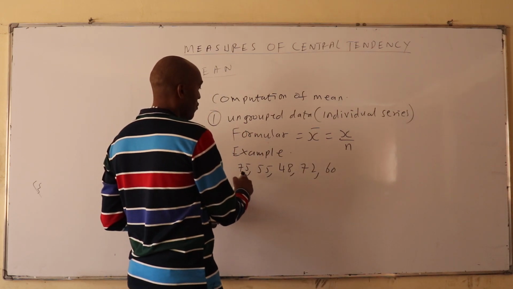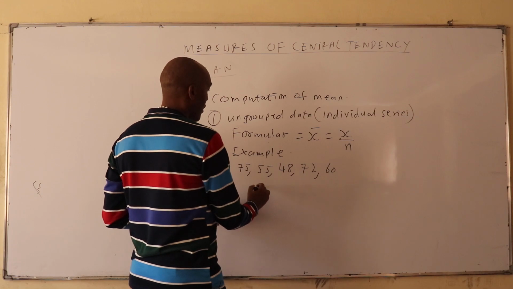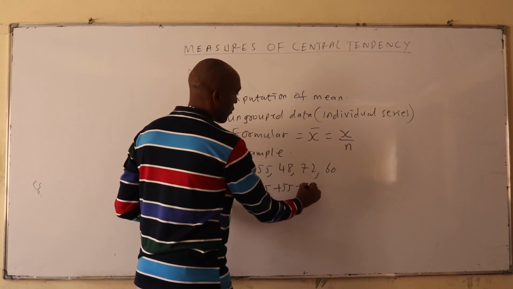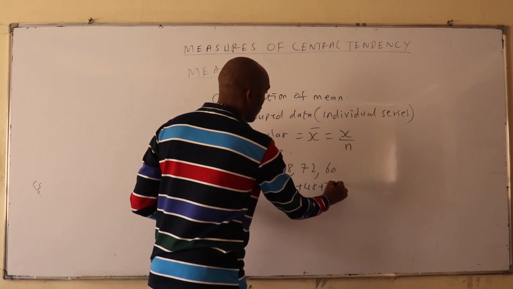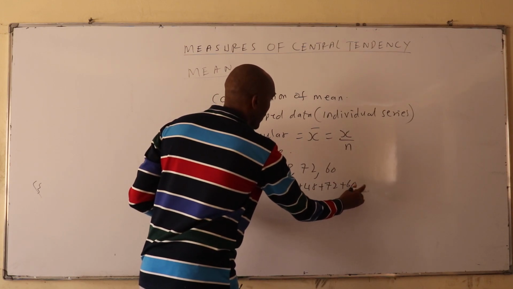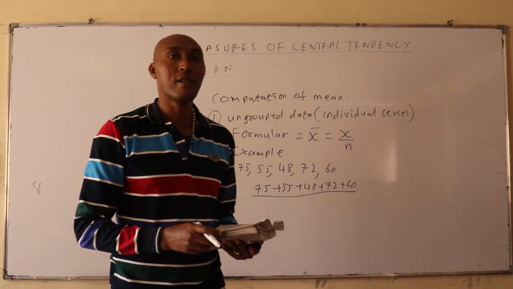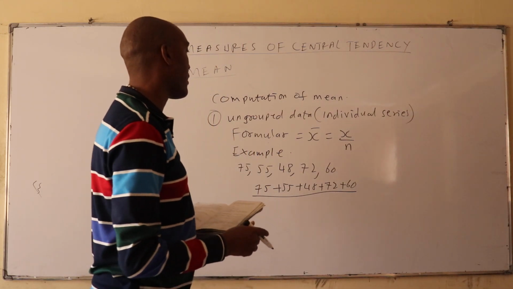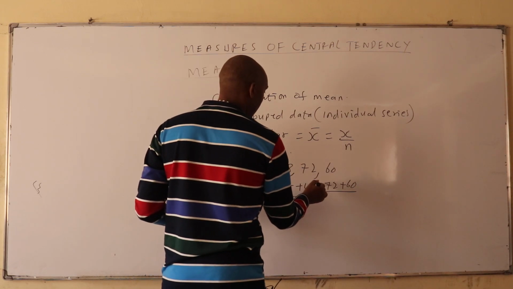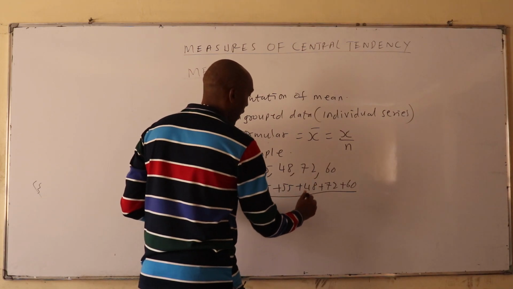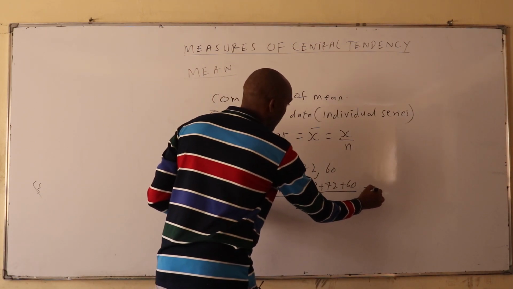We are going to sum up all these: 75 plus 55 plus 48 plus 72 plus 60. Then we divide by n. N means the number of items in a series. So the number of items we count 1, 2, 3, 4, 5. So we divide by 5.